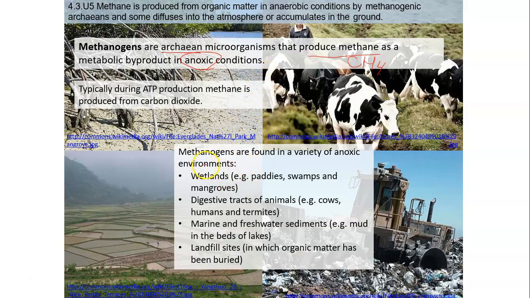And these methanogens can be found in a variety of anoxic environments such as wetlands, digestive tracts of animals, marine and freshwater sediments, and landfill sites.